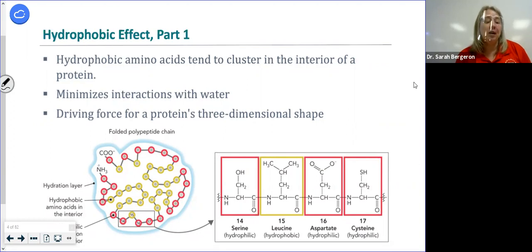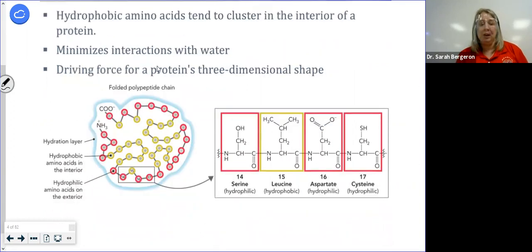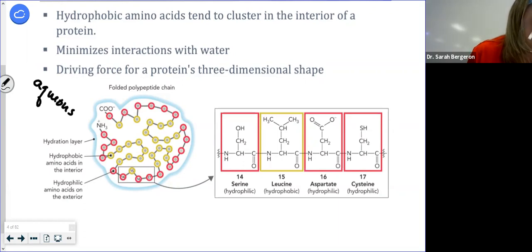So if you look at, for example, a folded protein, each of these dots is an amino acid, and we basically separated them into two types. Either you're hydrophobic and you're yellow, or you're hydrophilic and you're red. So what do you notice about the hydrophilic residues? They're on the outside of the protein. But this is in an aqueous environment, right? That's really important to say because environment will determine a protein's properties.